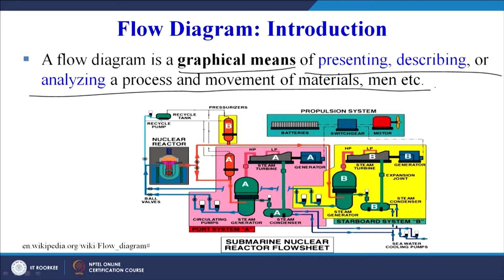This is a submarine nuclear reactor flow sheet, and you can see the flow is depicted here with the help of arrows, and the different materials can be depicted by different colors also. These are seawater cooling pumps, and the pumps are pumping the seawater. This way you can depict the movements, the arrows depict the movement. Here you can see another arrow, and another arrow here.